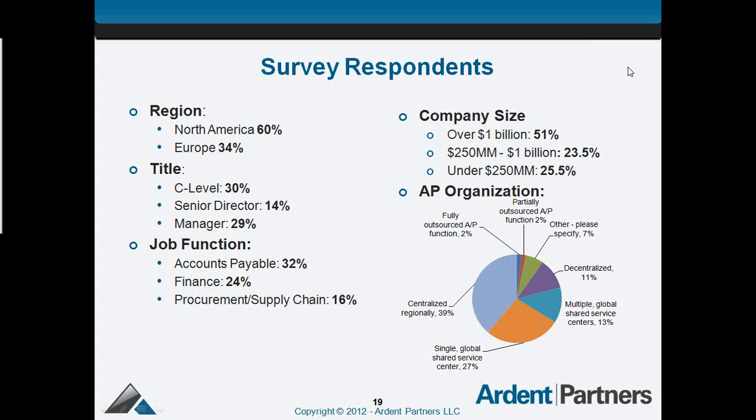And lastly, if we look at how these participants' AP operations were organized, approximately 80% of them had either a centralized AP operation or were operating under a shared service model, so either a single global shared service or multiple global shared service centers.